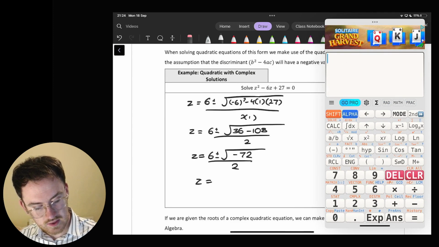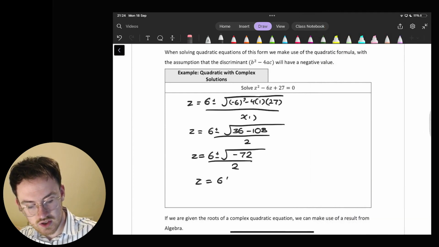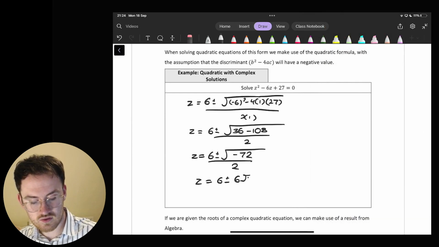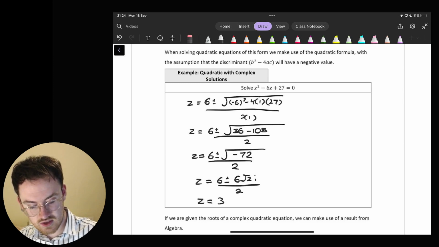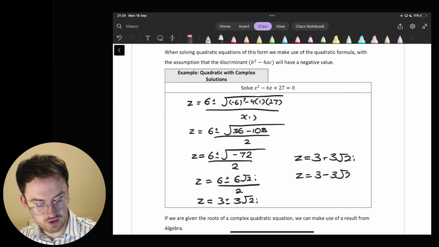Square root of 72, we can rewrite that as 6 root 2. Because of the i, it's going to be 6 root 2 i, because of the minus 1, I should say. Which means that z is 3 plus or minus 3 root 2 i. And we can rewrite over here just to write our answers out: z is 3 plus 3 root 2 i, and z is 3 minus 3 root 2 i.